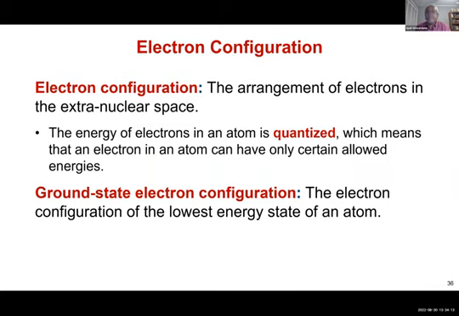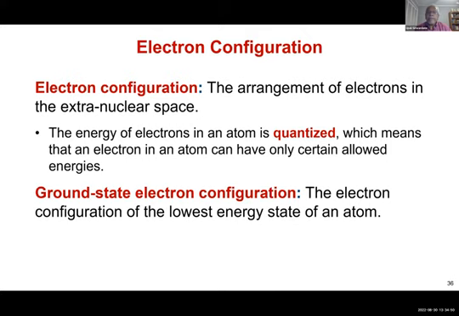electron configuration. What do we mean by electron configuration? You write down the atomic symbol and show the arrangement of electrons with some kind of notation outside the nuclear space, the extra nuclear space.